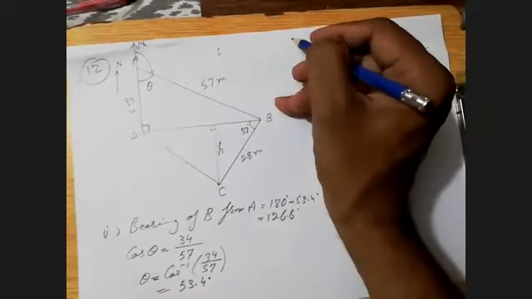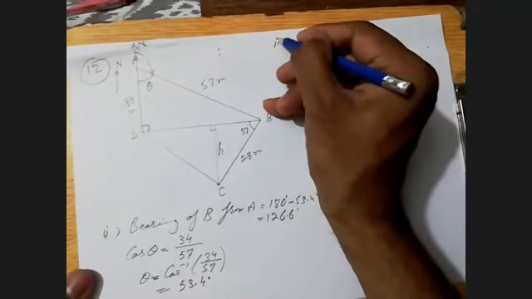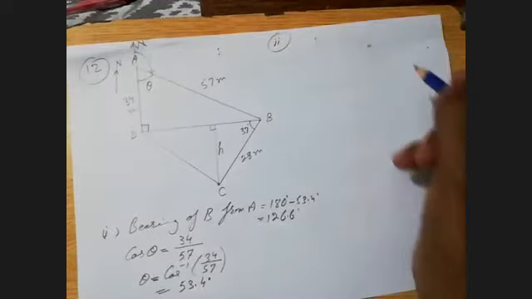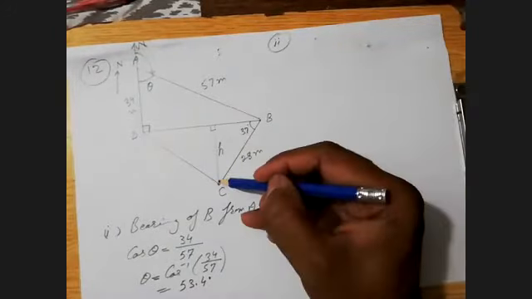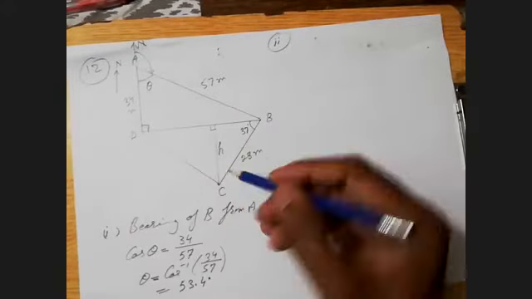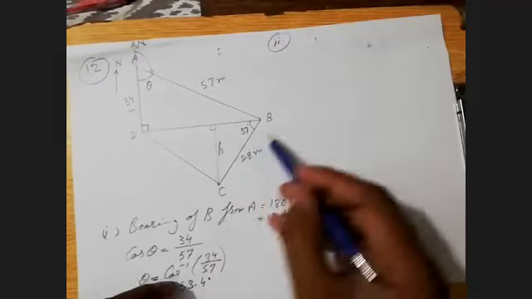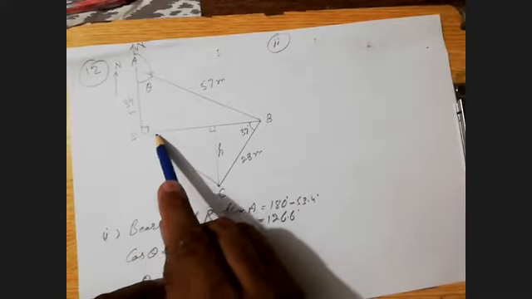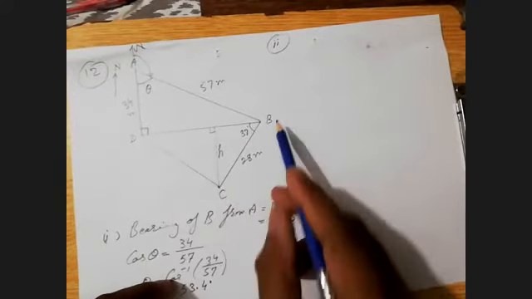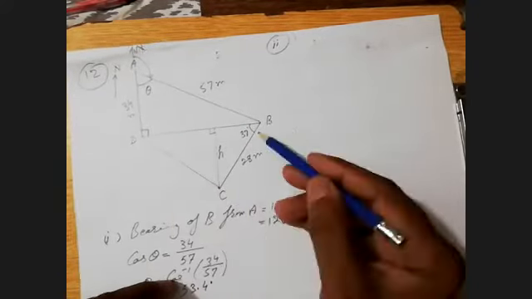I'm going to solve part B, in which the shortest distance from C to BD is required. To find this distance, you can see that in the triangle BDC, we have only this side and this angle given. Nothing else is given.